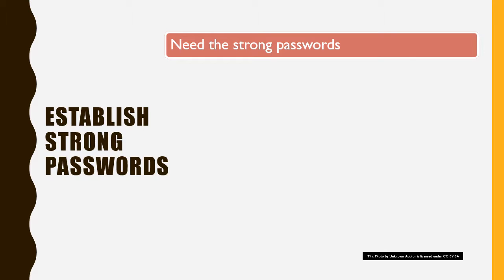First, strong passwords. Implementing a strong password is the easiest thing you can do to increase your security. For that, we need a strong password, which should contain uppercase, lowercase letters, numbers, special symbols, and be at least 12 characters long.